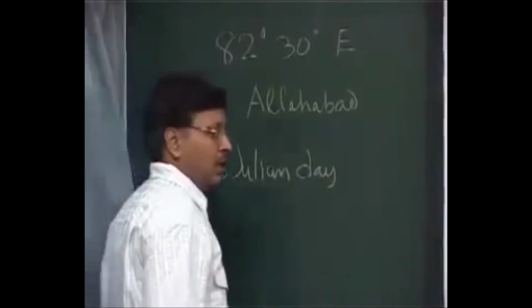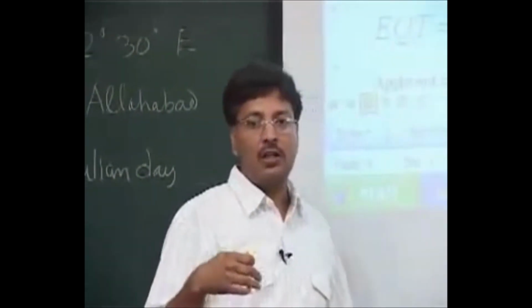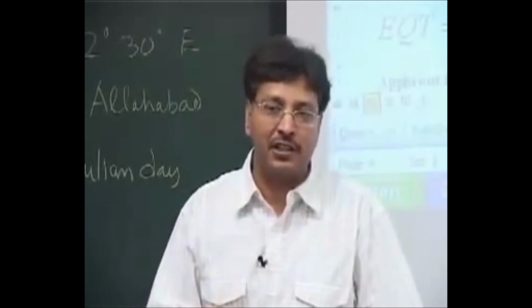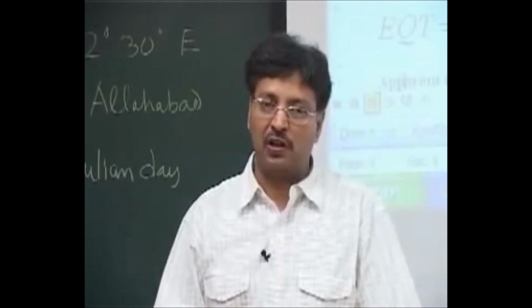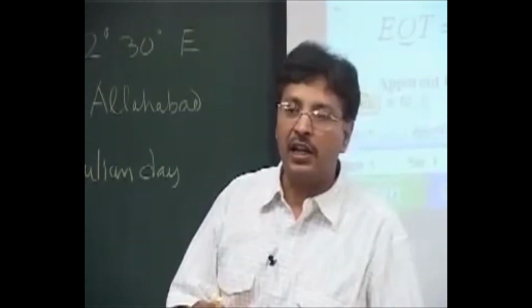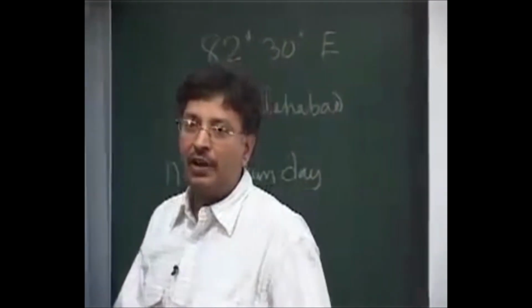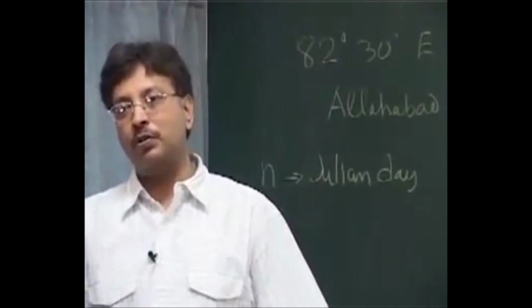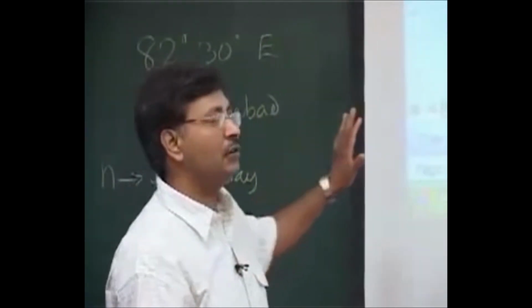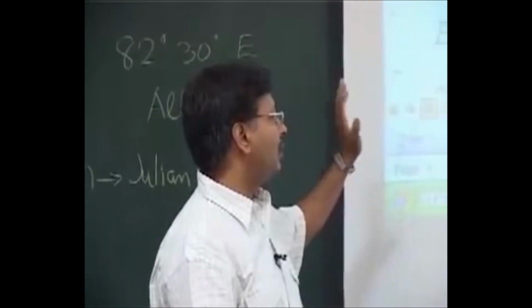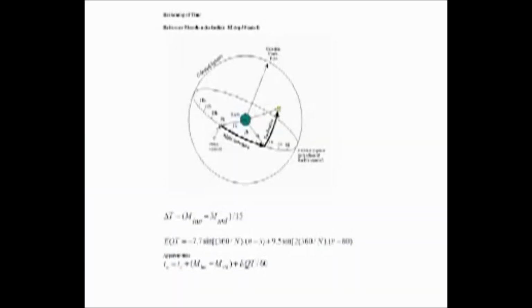It means it is a day starting from January 1st as 1 and, let's say, February 1st as 32. So that is the Julian day, counting from day 1 as January 1 and going up to 365 days. It's not difficult to derive this equation, but we'll not do that. But you can find the equation of time.